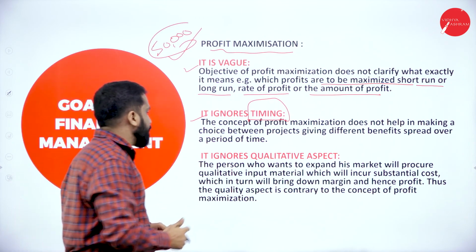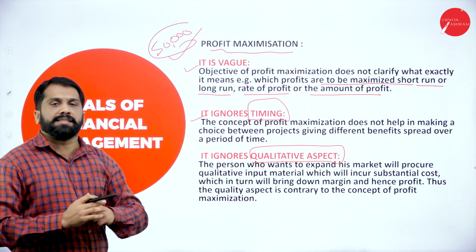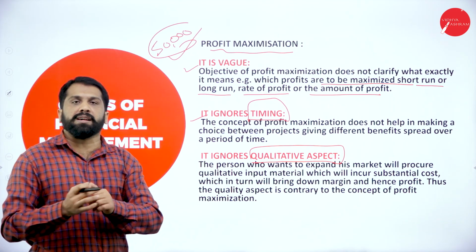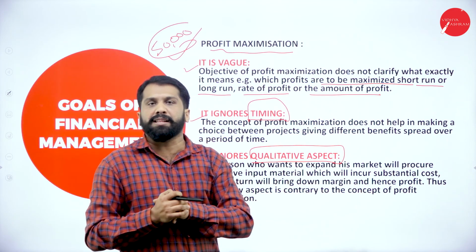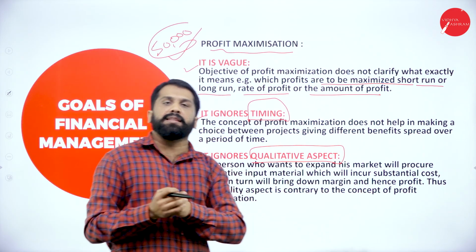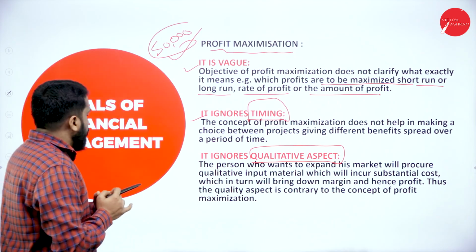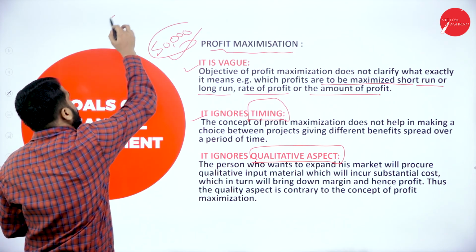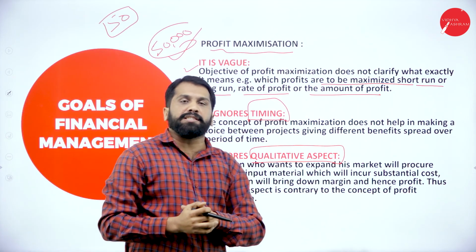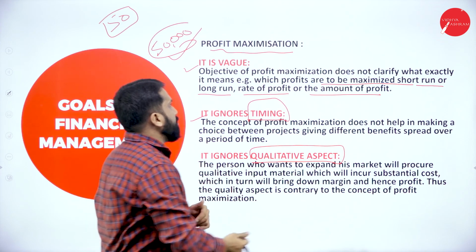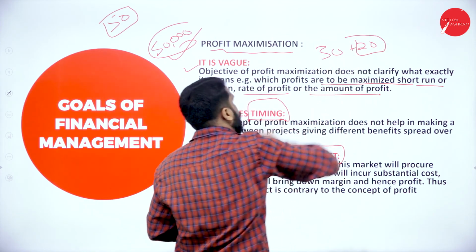And the third one, it ignores the quality aspect. Like, say, for example, you're running a food shop or a hotel, giving all the food items to the customer. Now, you're charging almost 50 rupees for a single dosa. Now, in this 50 rupees, your cost will be around 30 and 20 will be your profit.